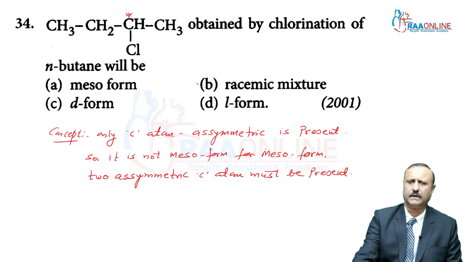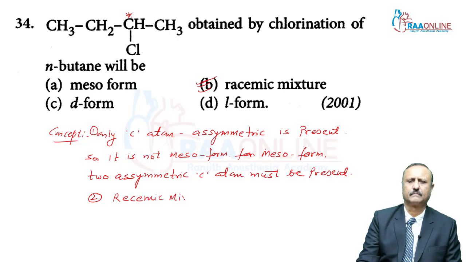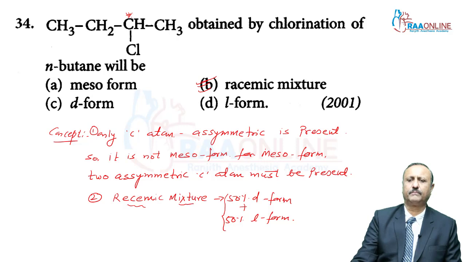So the answer is a racemic mixture, because in a racemic mixture, 50% D form and 50% L form are present. So my dear students, it's a racemic mixture.